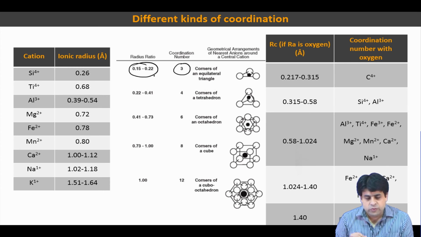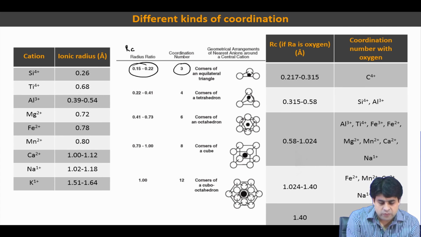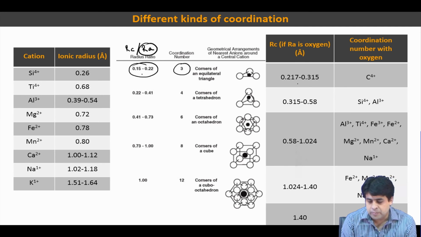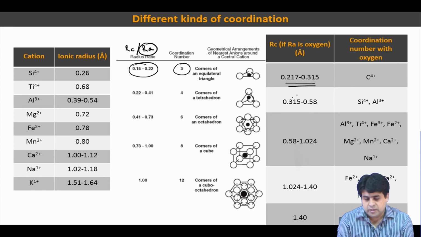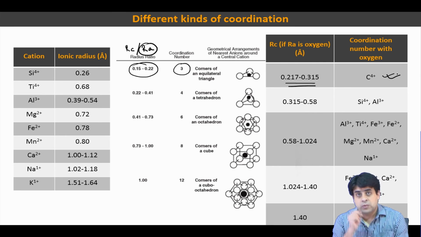This is the radius of cation by radius of anion; if you take the anion as oxygen and multiply with this number, you get the radius of the cation as 0.217 to 0.315, and in this range only carbon comes, which has 4+ valency.